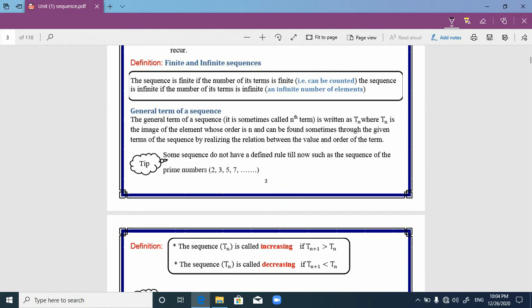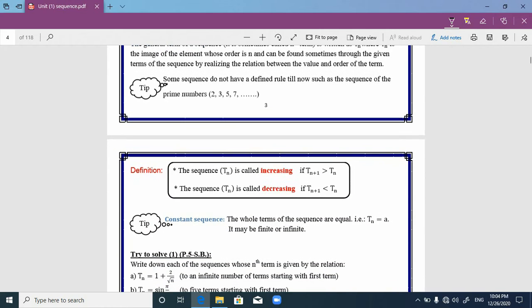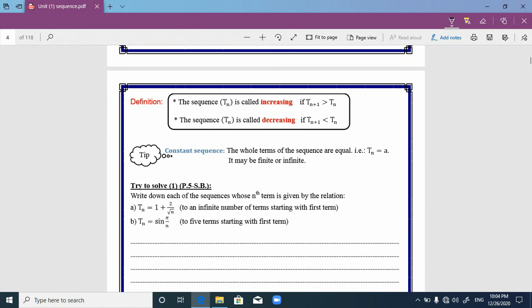Let's see another title. What's the difference between an increasing sequence and a decreasing sequence? A sequence Tn is called increasing if Tn+1 is greater than Tn. For example, T5 is greater than T4, T10 is greater than T9, and so on.